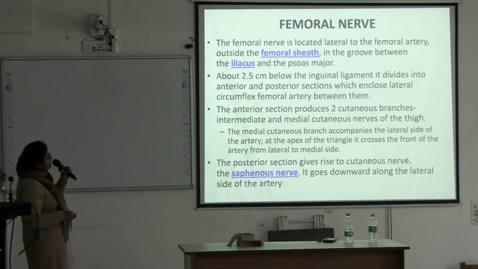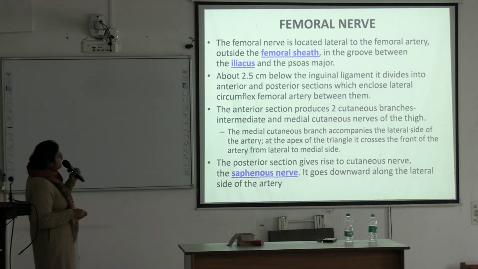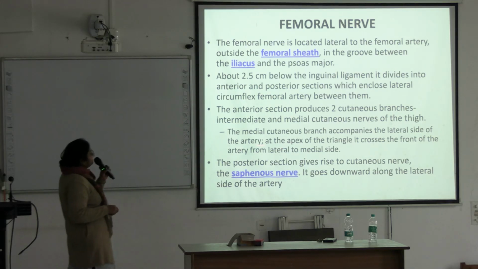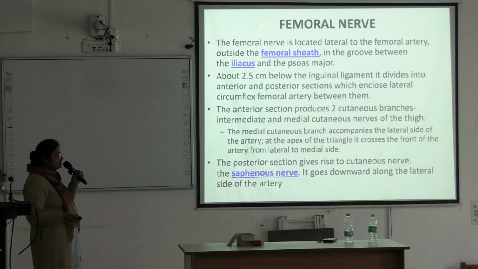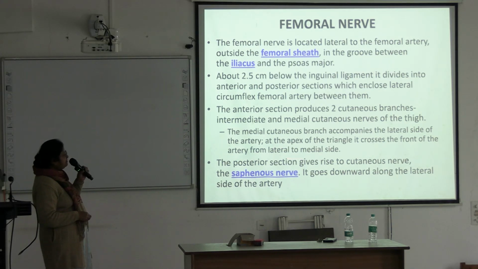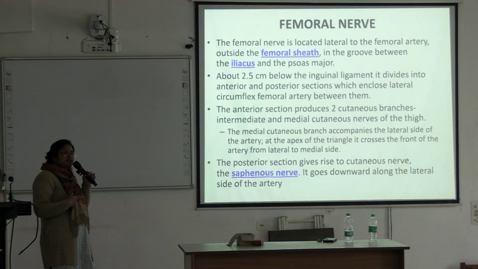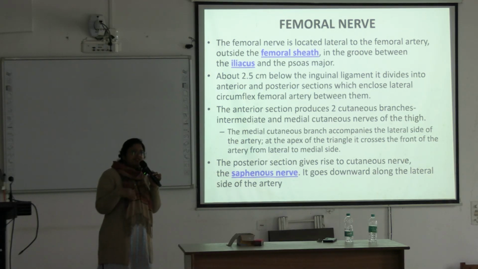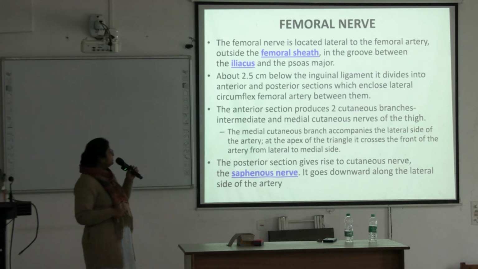The medial cutaneous nerve accompanies the lateral side of the artery, and near the apex of the triangle it crosses the front of the artery from lateral to medial side. That is the identification point of the medial cutaneous nerve of the thigh.